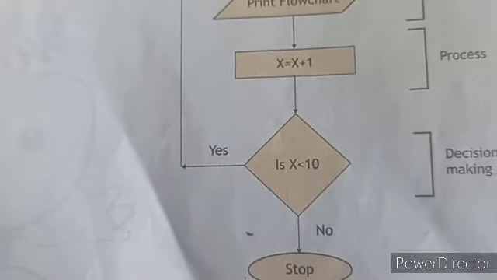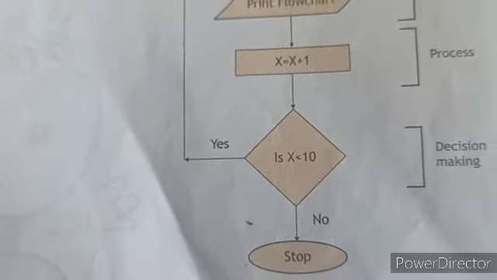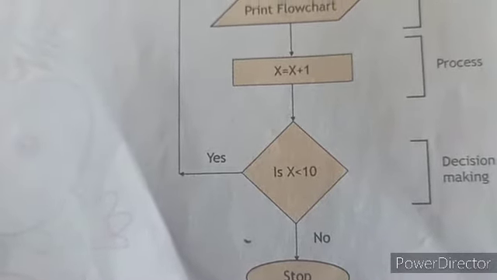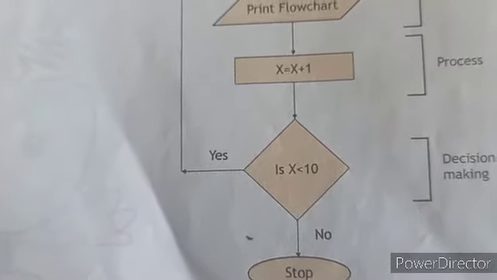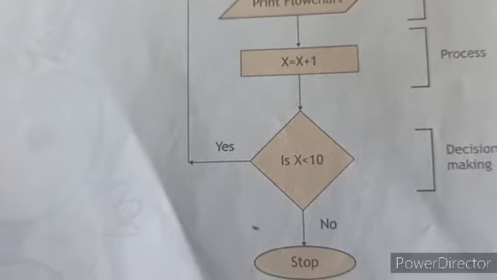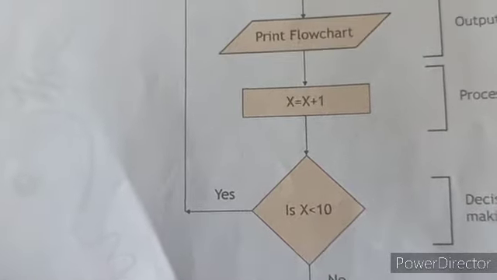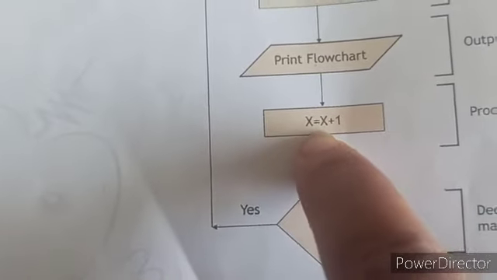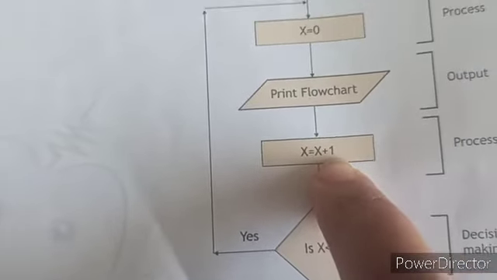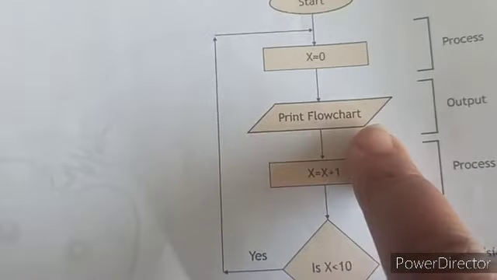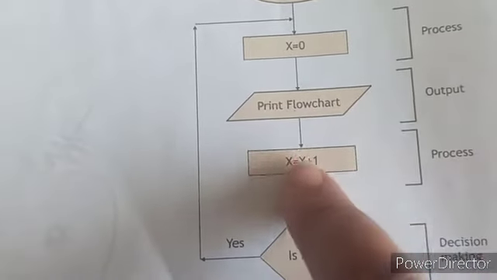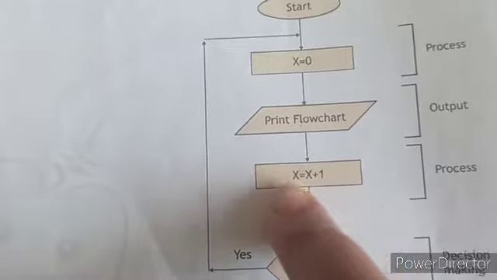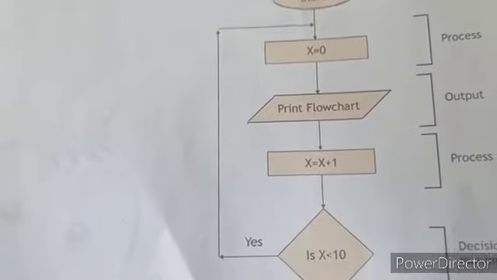Then it comes to the next step, where the x value is 0 now and we add 1 to it. That's why the x value is 1 now. After printing the word flow chart, it has increased by 1, so the value of x is now 1.